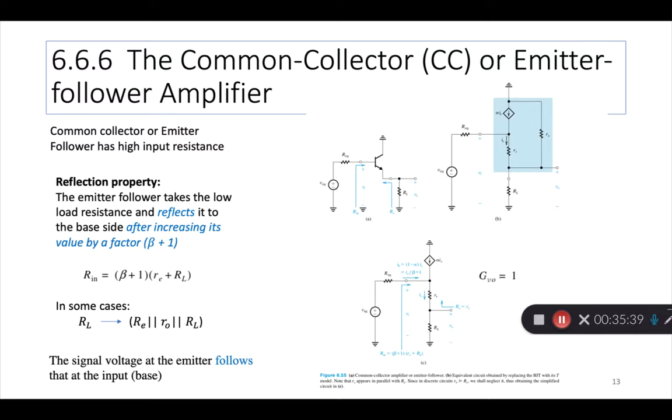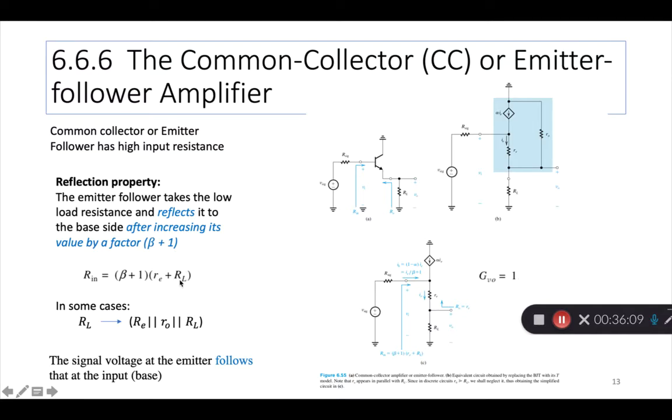Similarly, you can look at the signal resistance from the output side. There also reflection happens. So here, to reflect the output side to the input, you multiply by beta plus 1. To reflect the input onto the output side, you divide by beta plus 1. Okay? So both are possible.